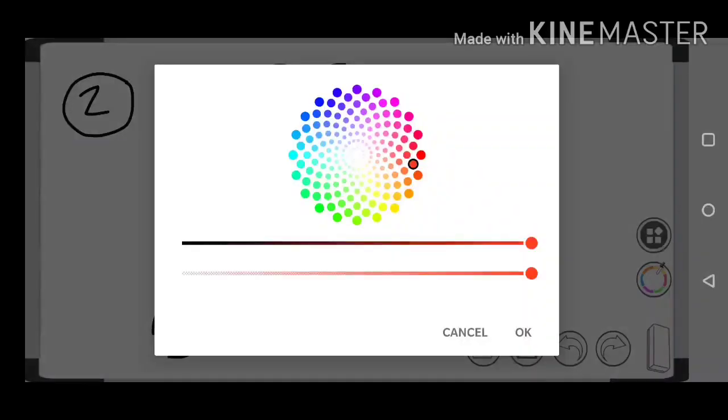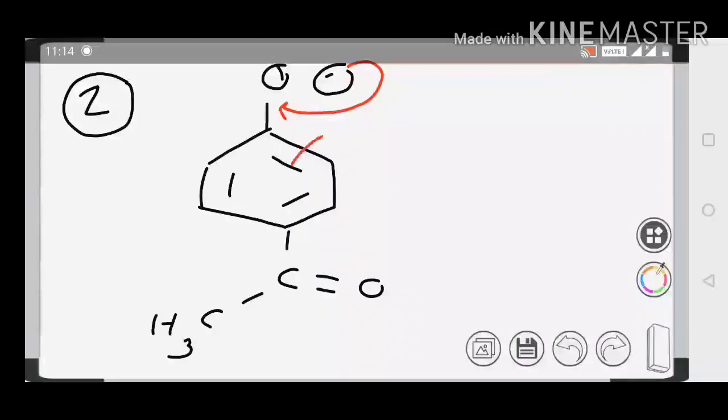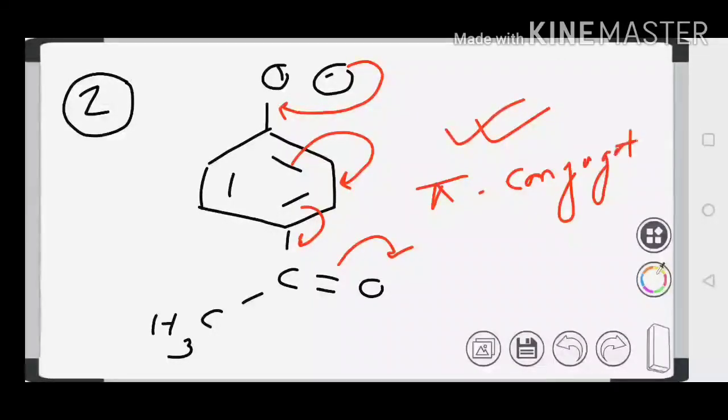So if I want to circulate the negative charge, is there any possibility? Yes, this negative charge will come here. Double bond, yes, goes inside the para position as well, keeping it exceptionally stable, because the region of circulation of the electron is much greater compared to the previous examples. We can call it extensive pi conjugation. See the amount of area it has covered.